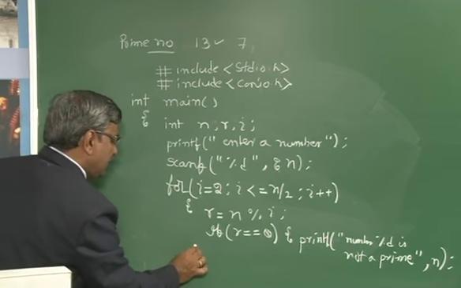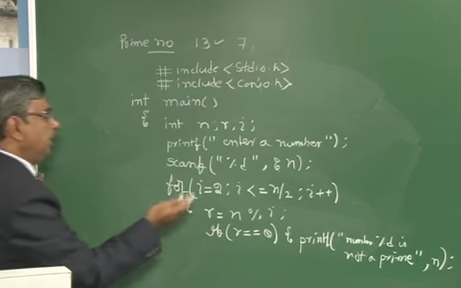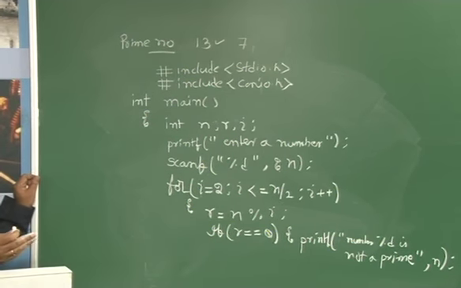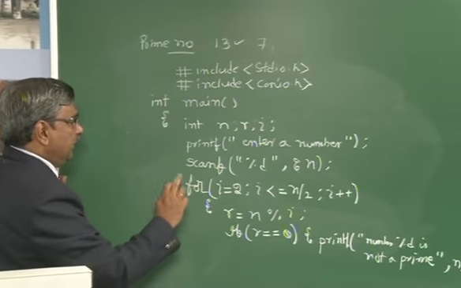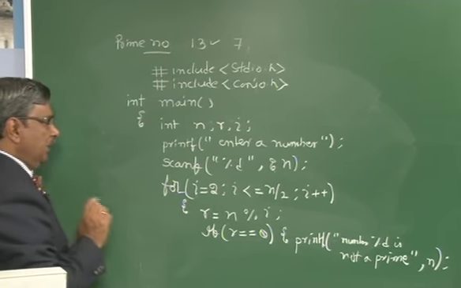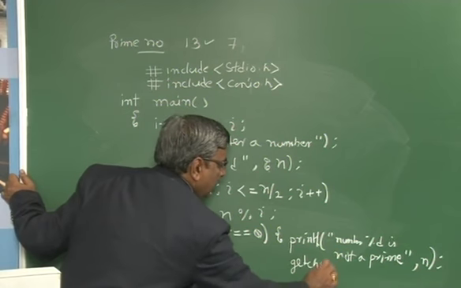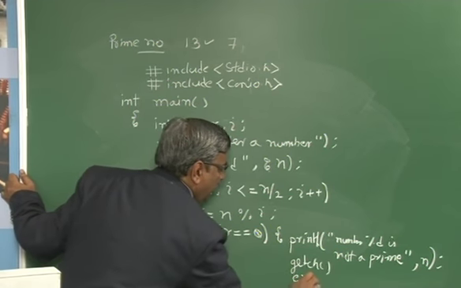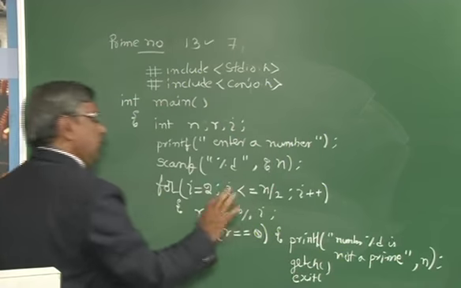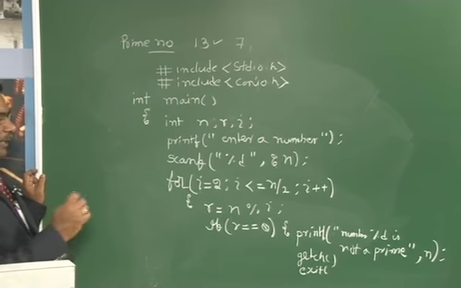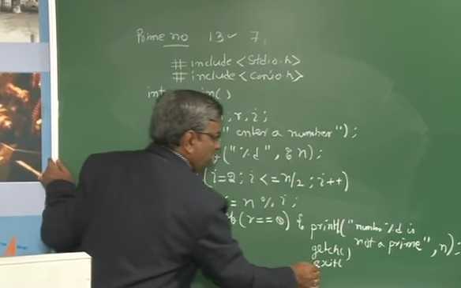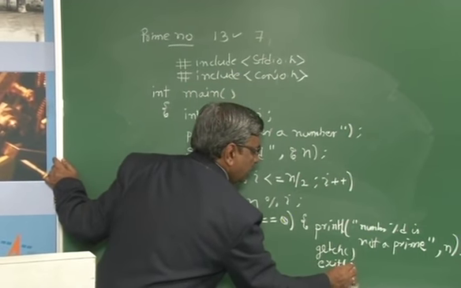If the remainder is not 0, then you have to repeat your process, checking with the next number. If this is true, then getch. There is an interesting statement available in programming to go out of the program. Anywhere, once you have checked your number, you can use a function called exit(0).